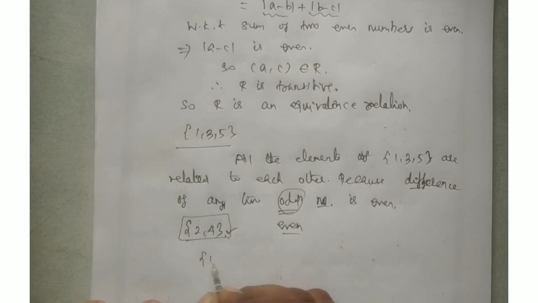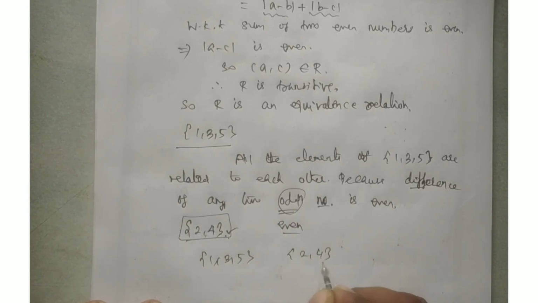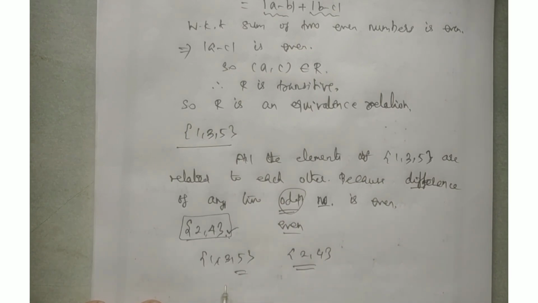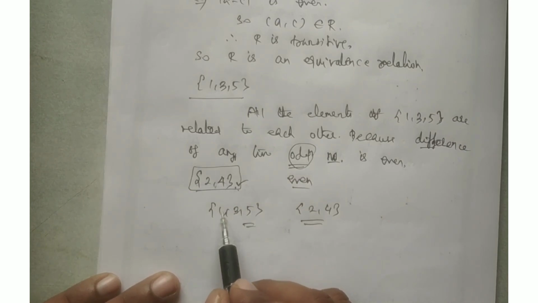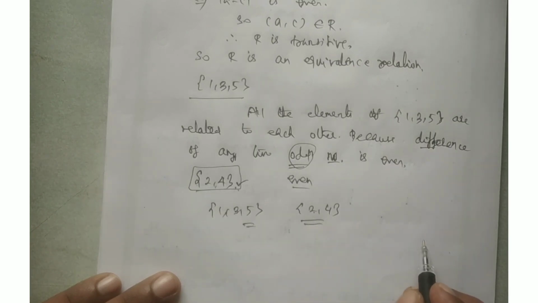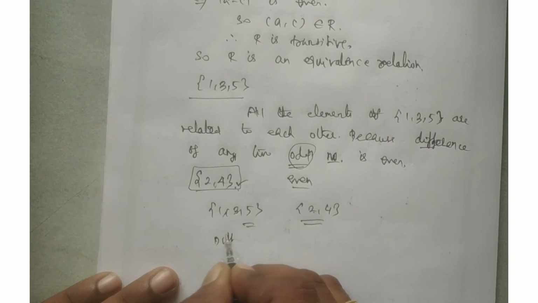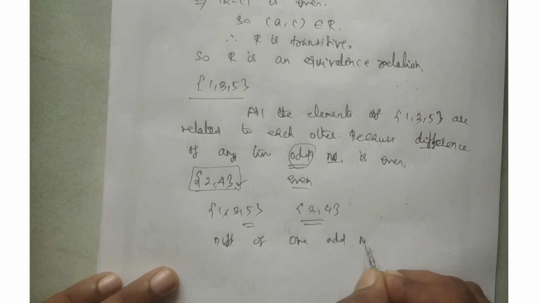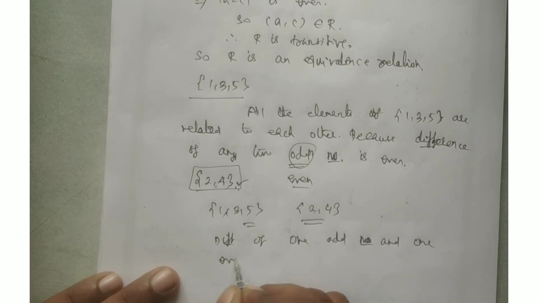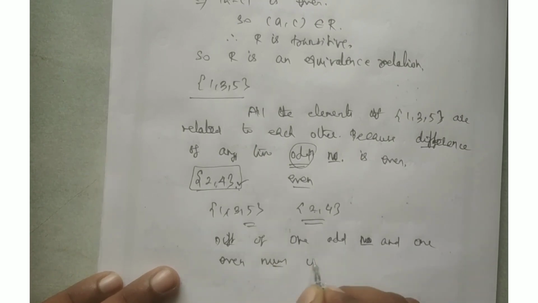What is that? We have to show that {1, 3, 5} is not related with {2, 4}. Clearly you can say this because the difference of one odd number and one even number is odd.